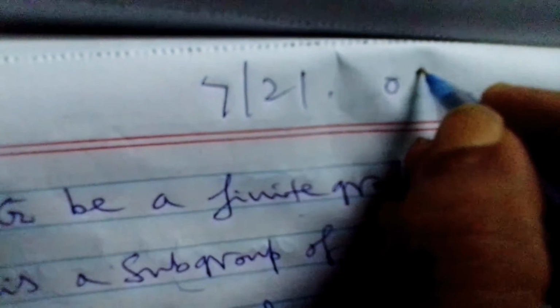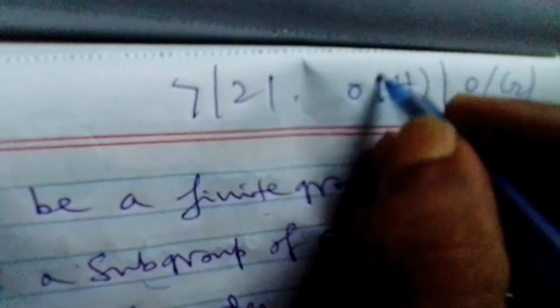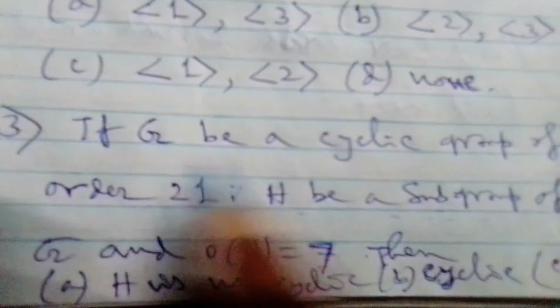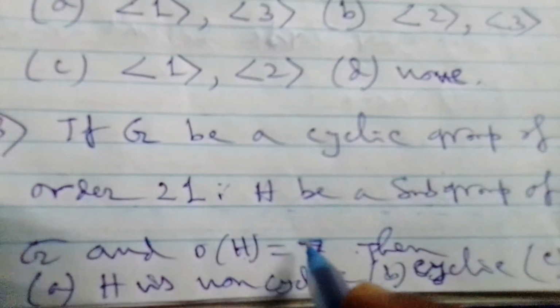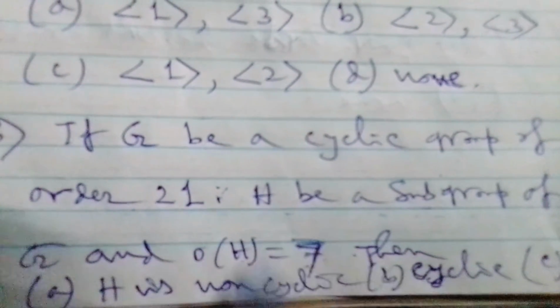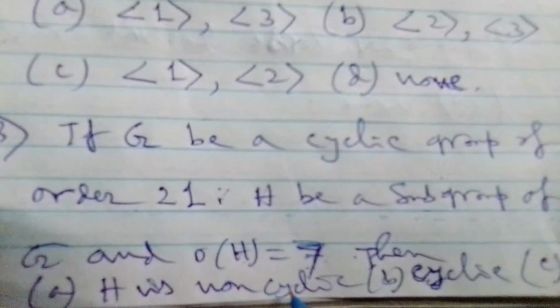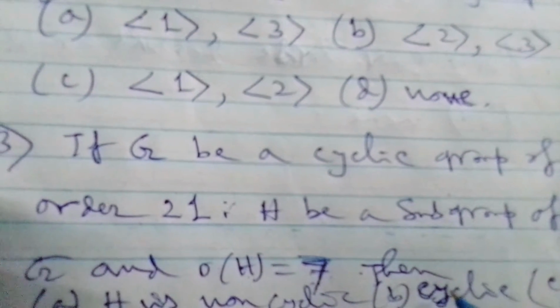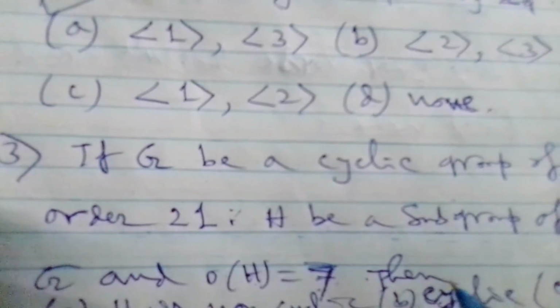The order of H must divide the order of G. G is cyclic and H is a subgroup of G, which is given, so a subgroup of a cyclic group must be cyclic. It is the property, an elementary theorem.